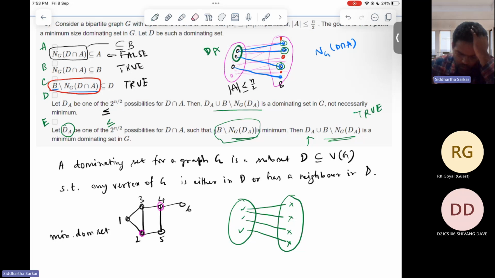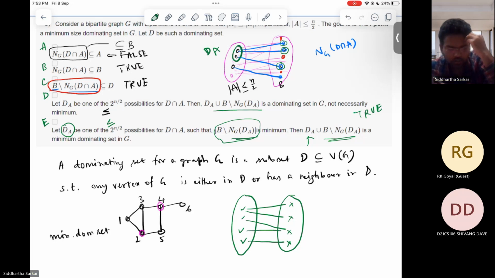Let's take 4, 4. One of the 2 to the n minus 2 possibilities is that this one is minimum, and then you take, that is the problem. Now I got it.